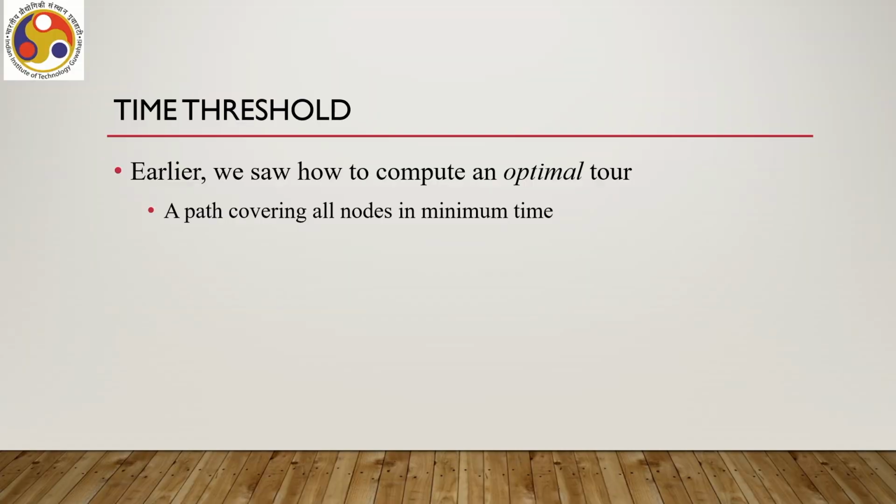So, in order to do that, we need to define such a threshold, time threshold. So, earlier we saw how to compute an optimal tour where the path covers all nodes in minimum time.